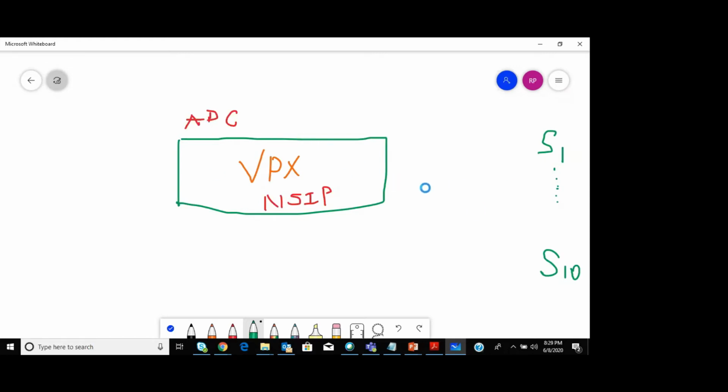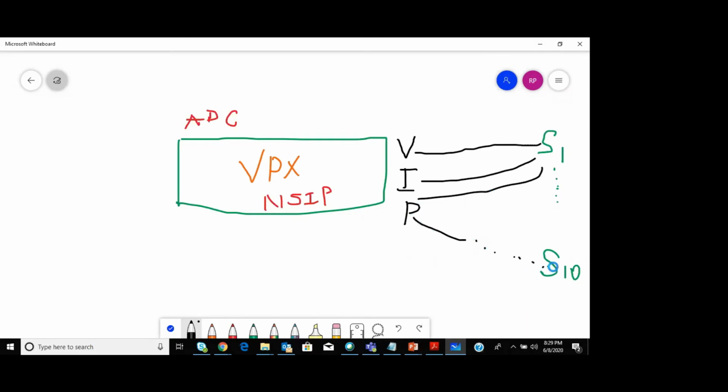How are you going to achieve that? You have to create your VIP, a virtual IP. The VIP will be communicating with your backend servers, server 1 to 10.